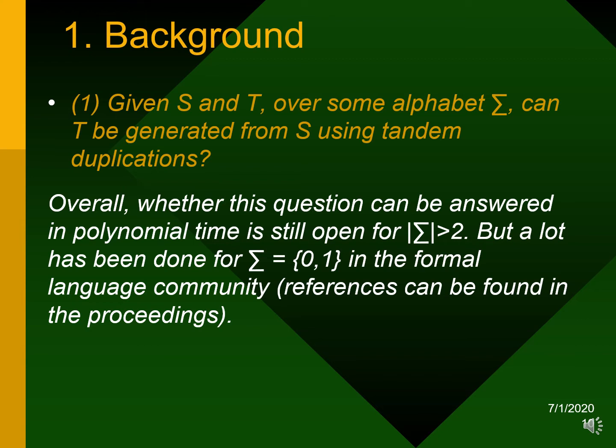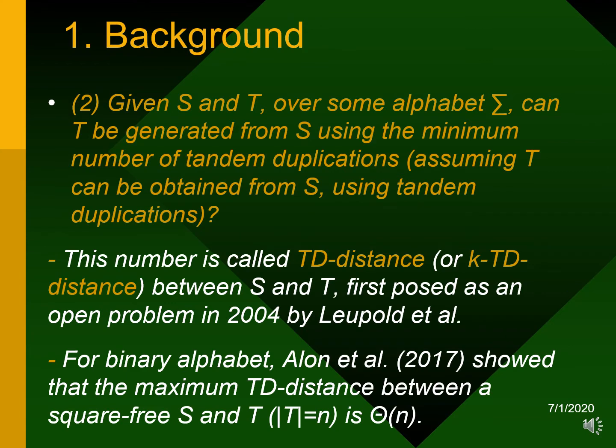I will not go over all the references listed in the proceedings. For the second, optimization question, first of all, this minimum number is called the TD distance between S and T. If we convert this question to a decision question, basically you want to know whether the tandem duplication distance between S and T is at most k, and then we could also use k-TD distance to represent this.